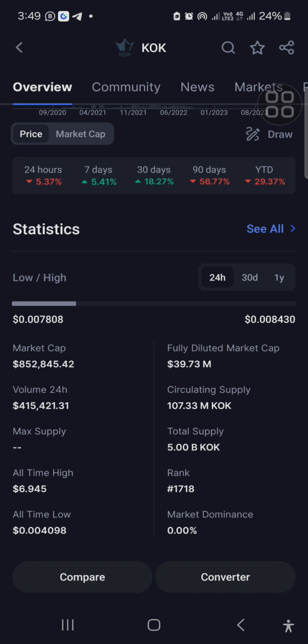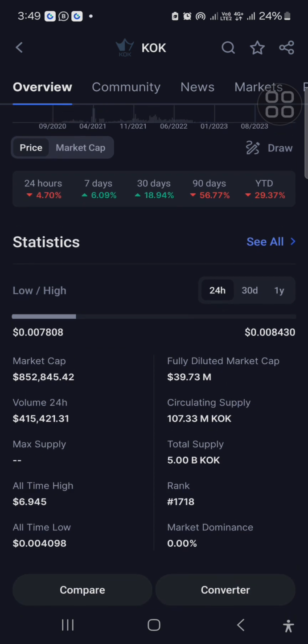Okay, so that is one thing. If it has a circulating supply, we want the circulating supply to be as small as possible. In this case, you can see it here, 107 million circulating supply. It is good that the supply is not so much. The lesser the supply, the greater the chances of that coin doing parabolic moves.